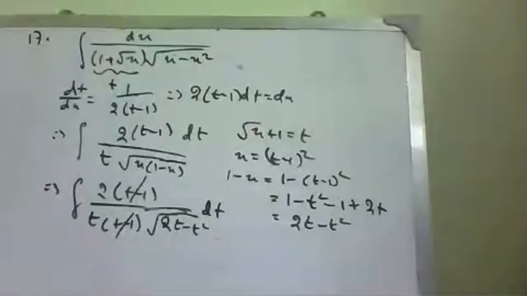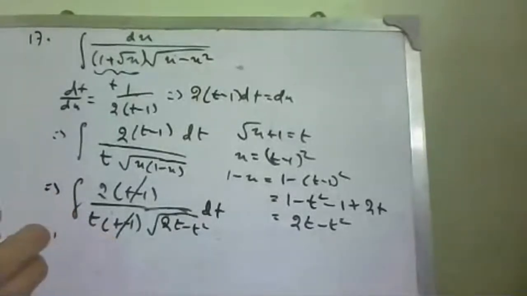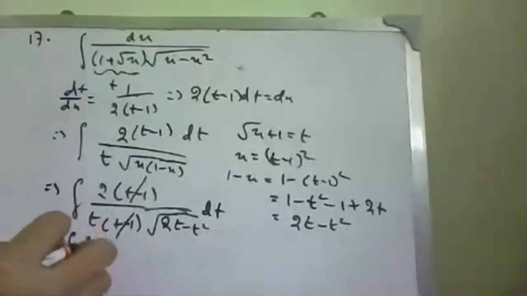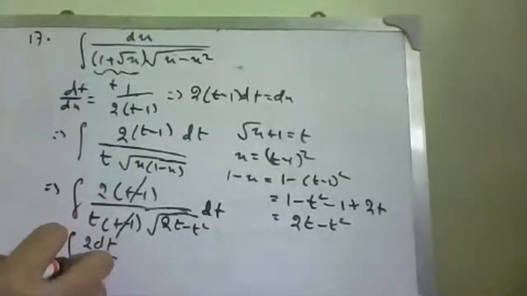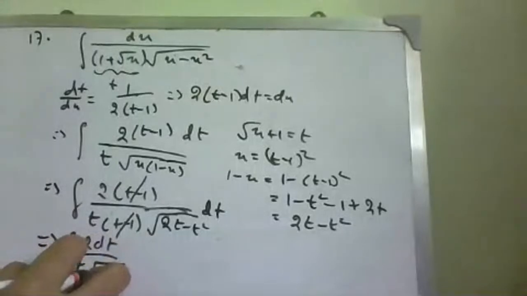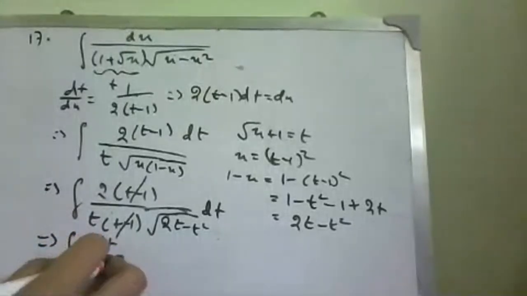Okay, what about, okay, this is basically nothing but 2 dt over t times root over 2t minus t squared, isn't it?